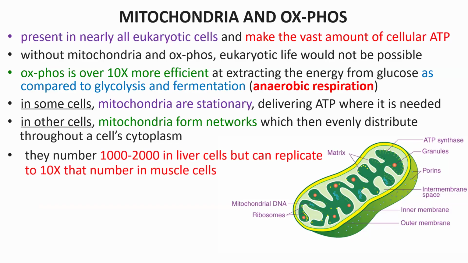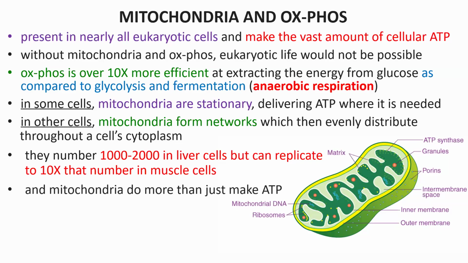A relatively small number of mitochondria in a cell is 1 to 2,000. Liver cells have 1 to 2,000 mitochondria, and again, that's fairly paltry. We can get to 10 times that number in cells that require a high level of ATP, like muscle cells. So we would see 10 to 20,000 mitochondria in each single muscle cell because muscle cells do so much work. They require so much energy for the movement that they allow.